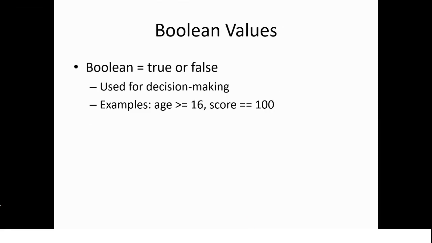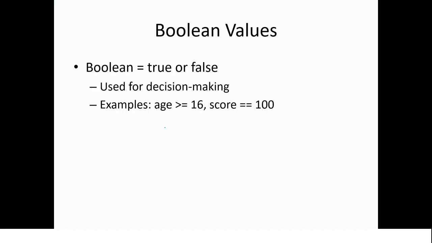Now let's look at Boolean values. Boolean can equal true or false. Boolean is a data type, as we explored in the last video, so it can only store true or false. It's used for decision making, and here are some examples.